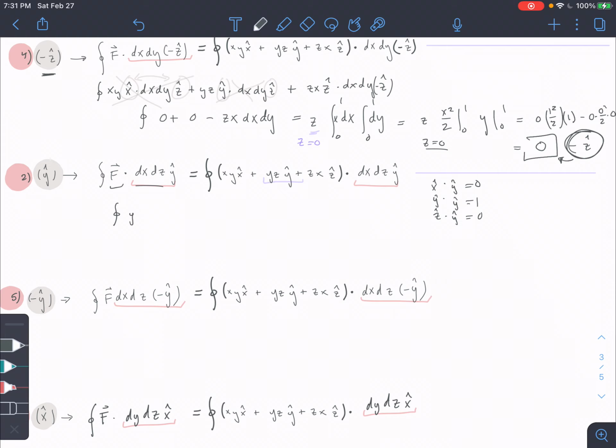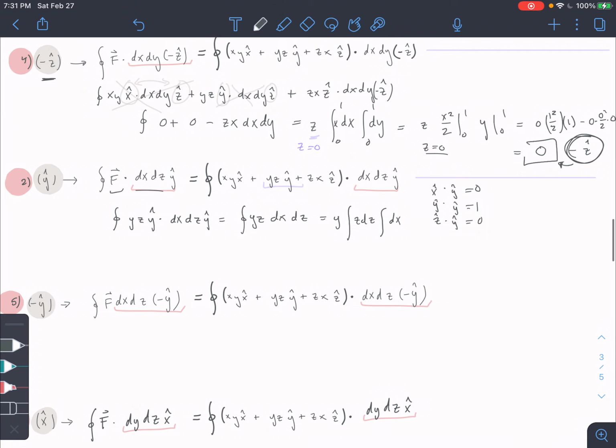So the only thing that we care about is yz y hat dot dx dz y hat, which is going to become yz dx dz, which we can pull out our y here. So that's going to become y, and then z, dz, and dx.